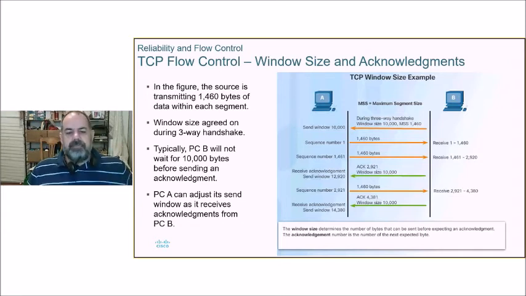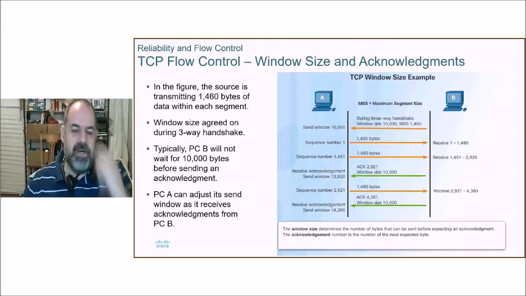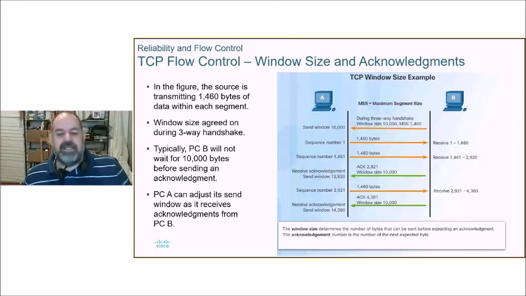Basically, the window size is how much unacknowledged data you can send. In this case, it must be somewhere around the 3,000 mark. I haven't seen it anywhere else. So window size has been set to 10,000. Sorry.